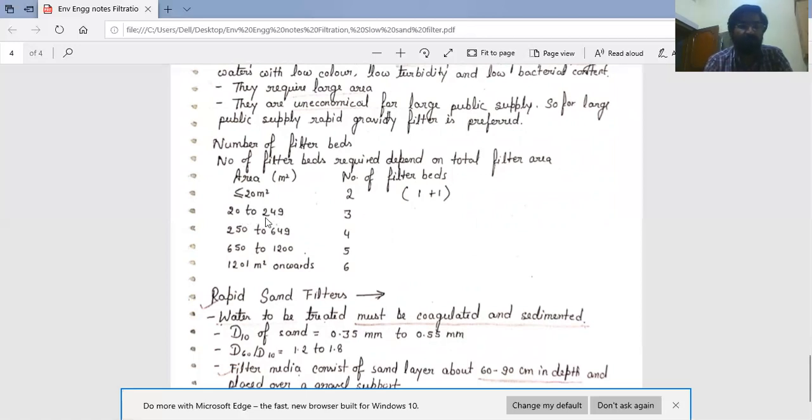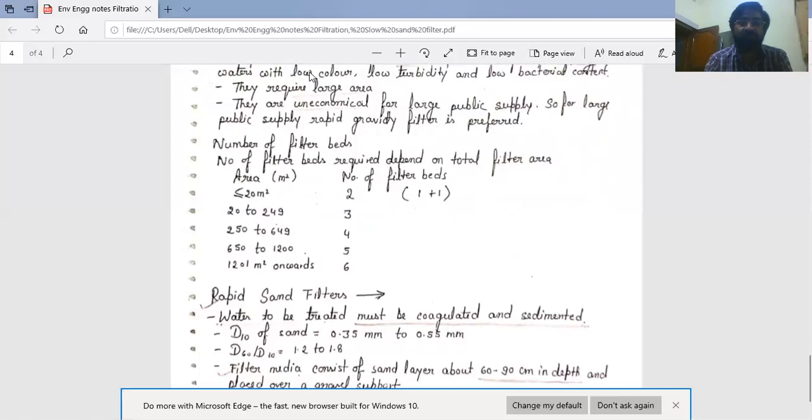If the area is 20 to 249 meter square, use 3 filters. For 250 to 649 meter square, 4 filters. For 650 to 1200 meter square, 5 filters. And from 1201 meter square onwards, we use 6 filter beds in slow sand filter.